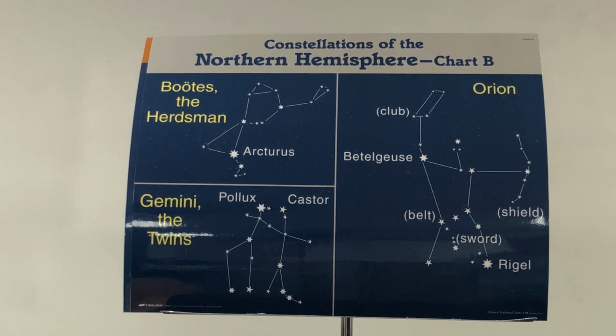We talked about Orion, that he is shooting an arrow or holding a shield. We said that he had a sword on the bottom. And the one on the left hand side on the bottom is Gemini, the twins. We didn't talk about that, but you should be able to find that in your book. It will not be tested, but that's another one that we will be able to see in the sky.